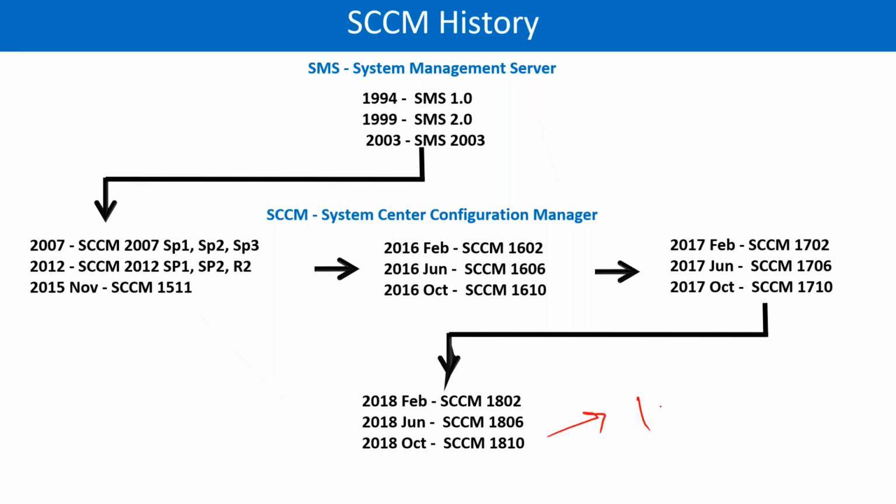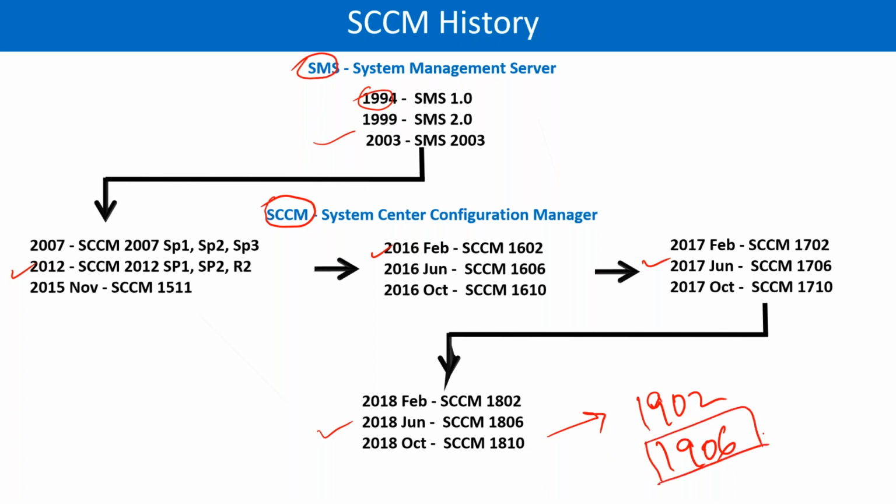The latest and greatest version of SCCM at the moment is 1906. Previously it was System Management Server, started in 1994 with multiple versions. Later they changed the name to System Center Config Manager with multiple versions. Every year they release 3 versions of SCCM, and the latest is 1906. That's the history of SCCM.